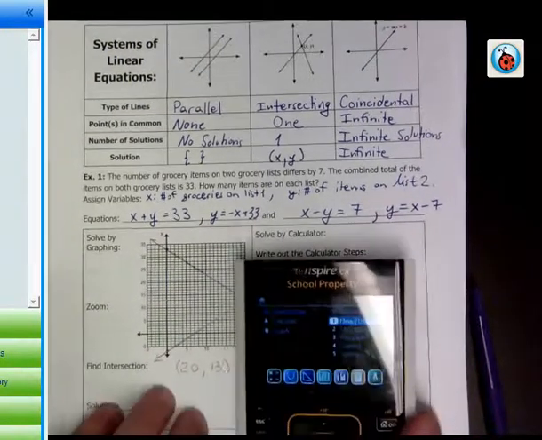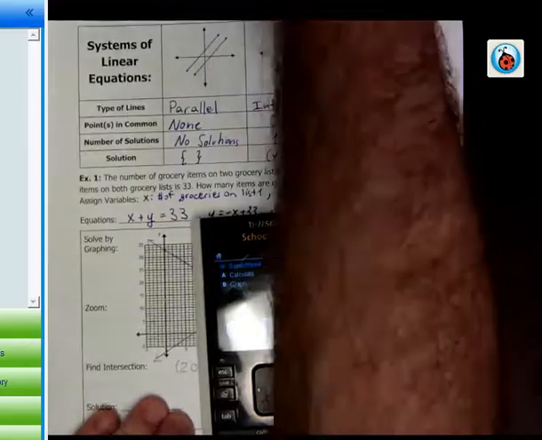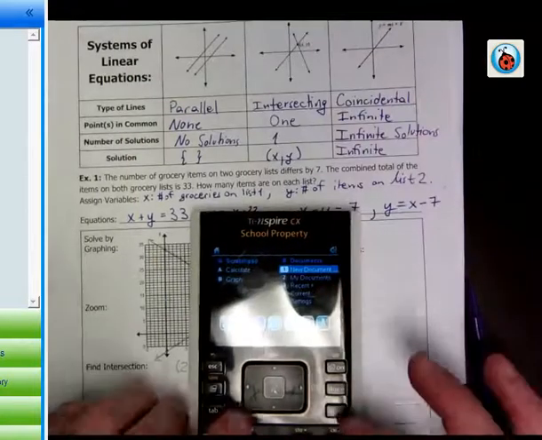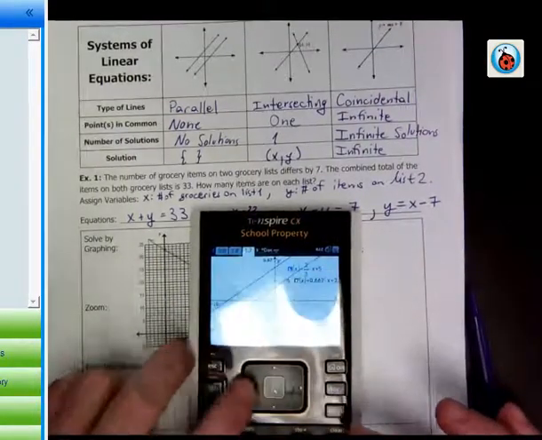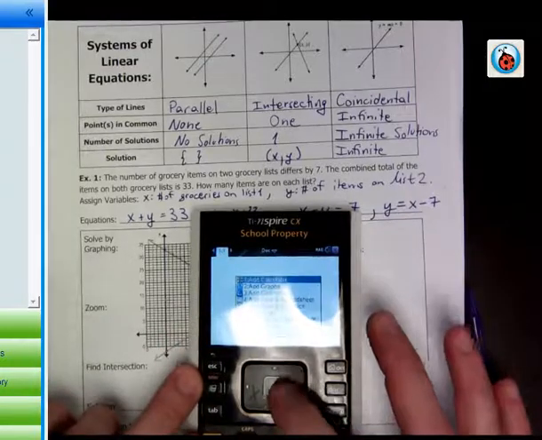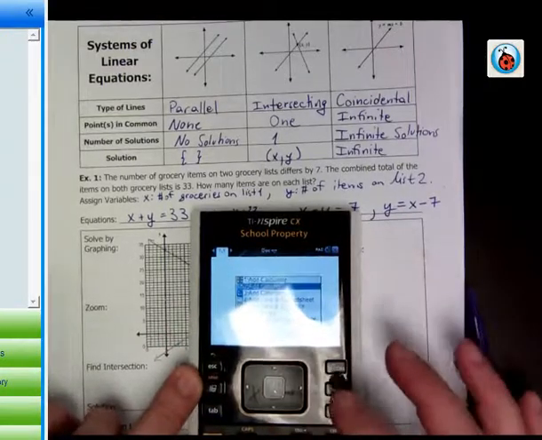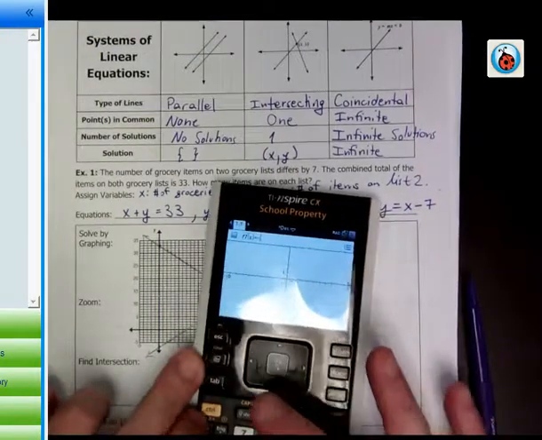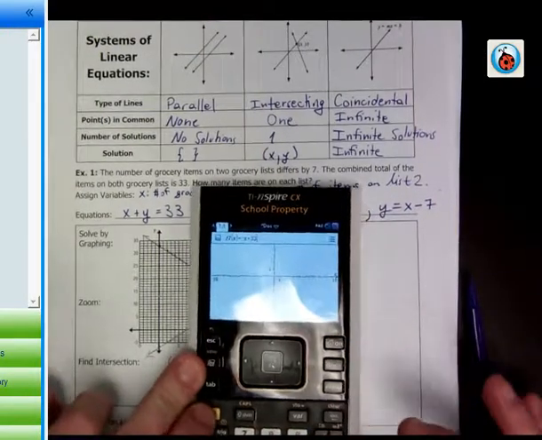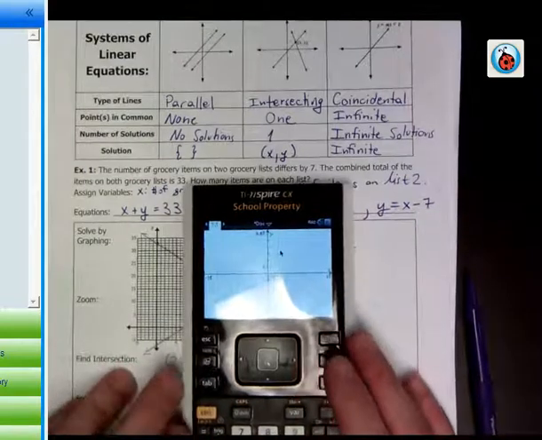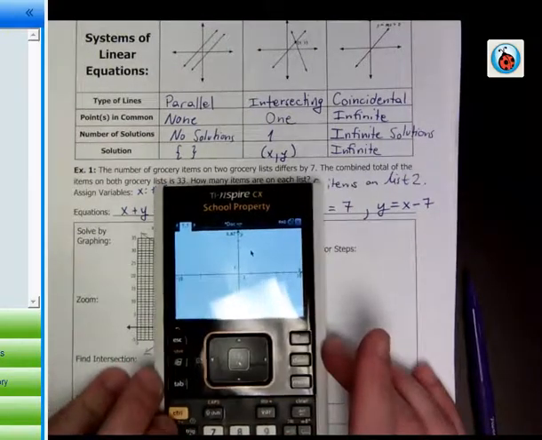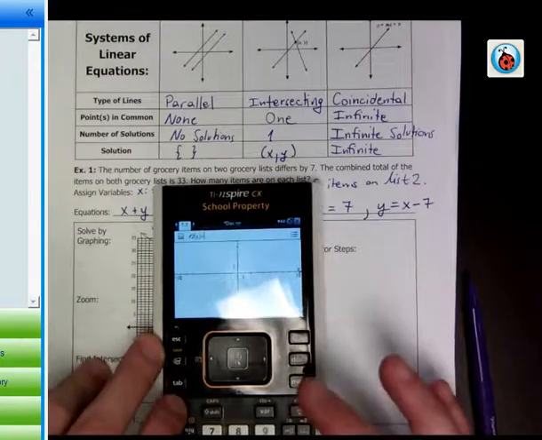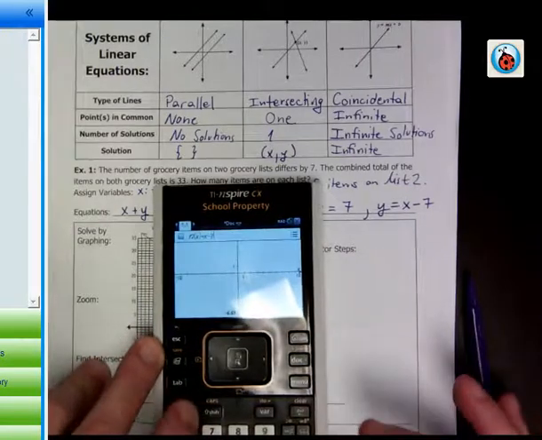I could have also graphed using my calculator. So remember, always use documents, not the scratch pads. So I had negative x plus 33, and I have x minus 7.